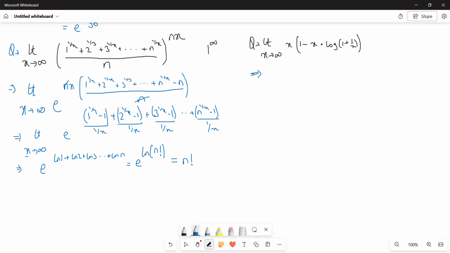Again, for the mechanism of solving, we use series expansion for this. The easiest way would be.